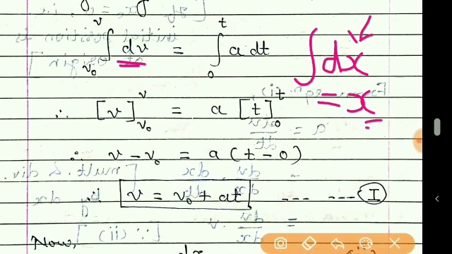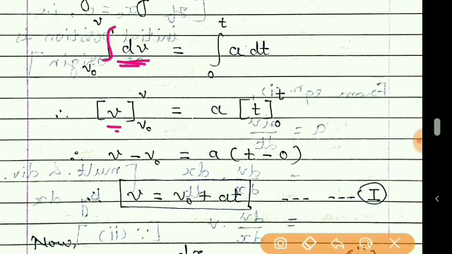Integration of dx is x. So here, integration of dv is v, and a bracket is there to put the limits, lower limit and upper limit. So the limits of integration are kept.